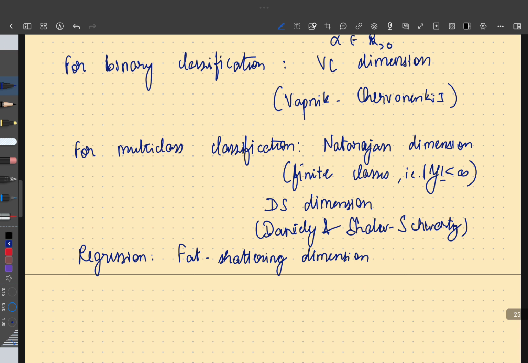As long as you have uniform convergence, whether it's regression or classification, the Rademacher complexity is a universal quantity that gives you a bound on the minimum number of samples required to achieve an epsilon and delta error. Okay, but before we go over that, let me just define what this VC dimension is, and we'll see a couple of examples.